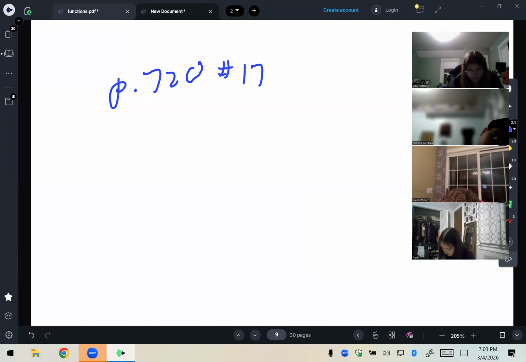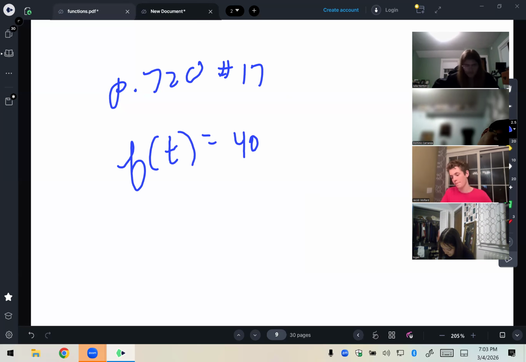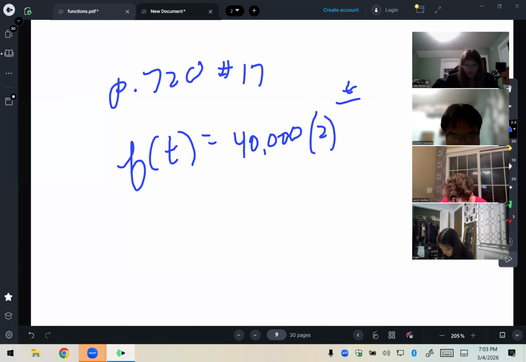The function f of t, 40,000 times 2 to the t over 790, gives the number of bacteria in a population t minutes after initial observation. How many minutes does it take for the number of bacteria in the population to double?